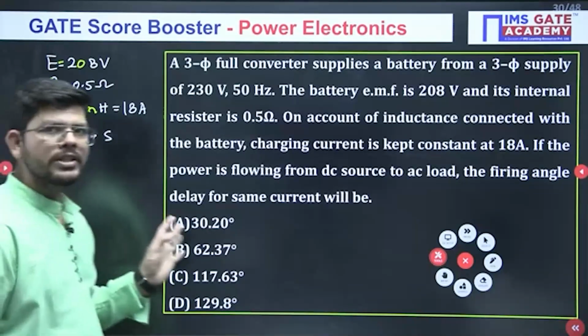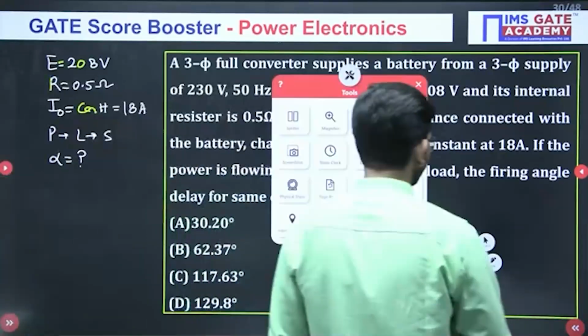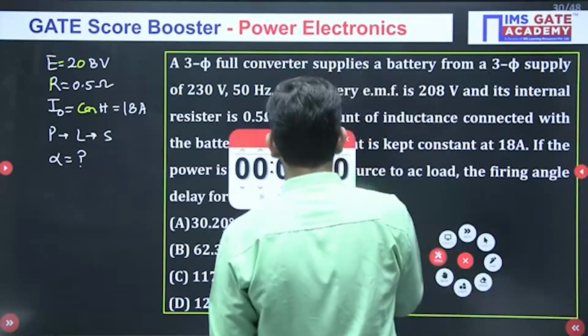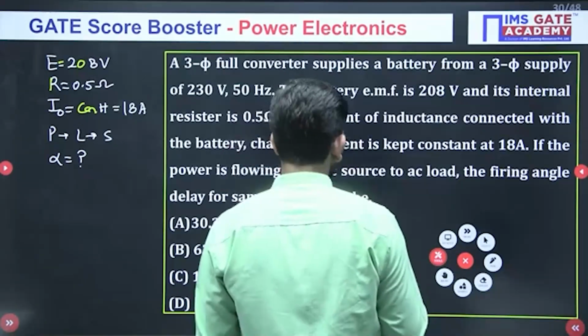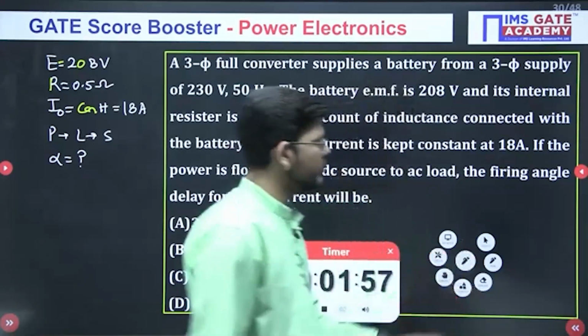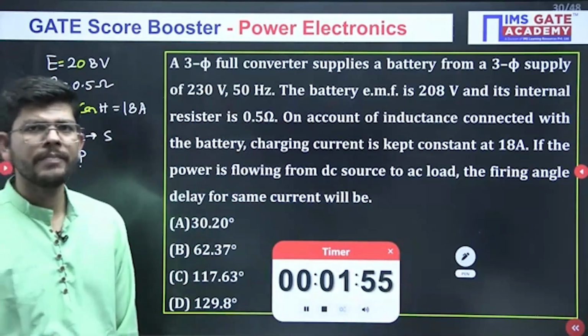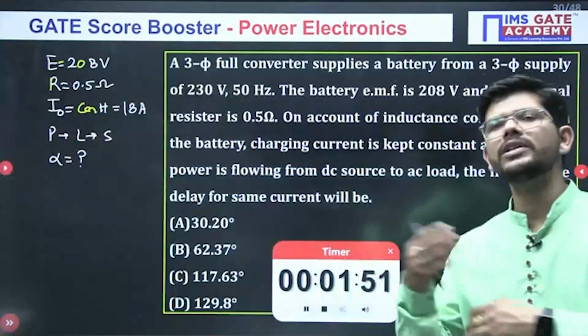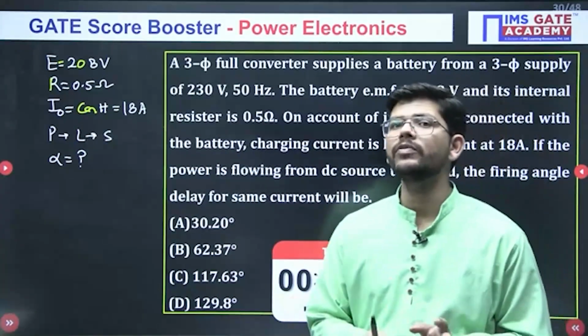The concept that we discussed in the last question is very much useful for you in this question as well. So let me give you some time. I am waiting for your answers. We have been given that the power is flowing from load side toward the source side. Then what will be the value of alpha?